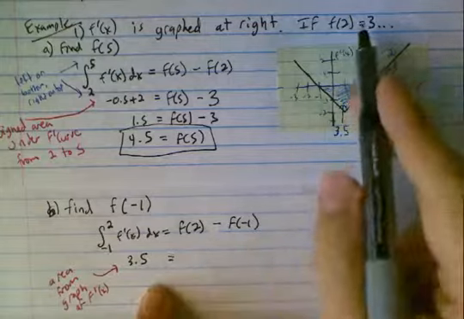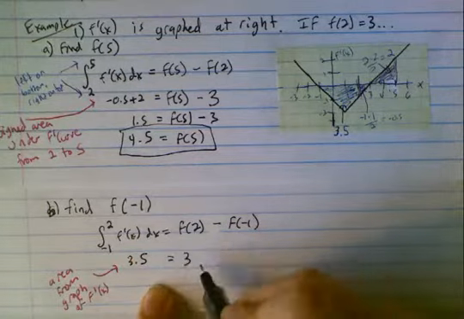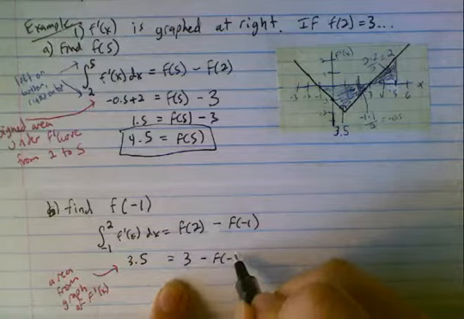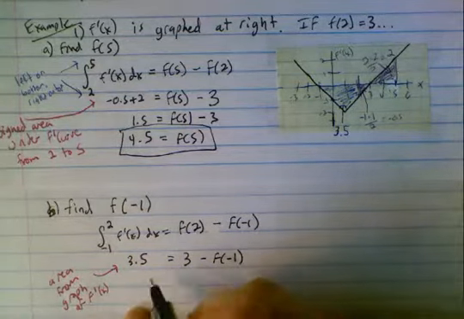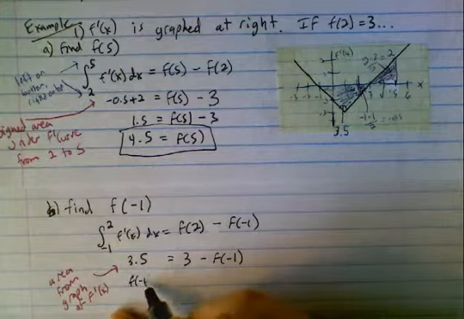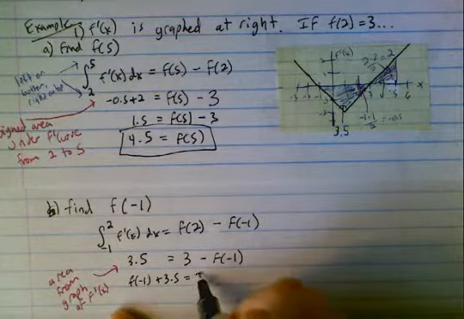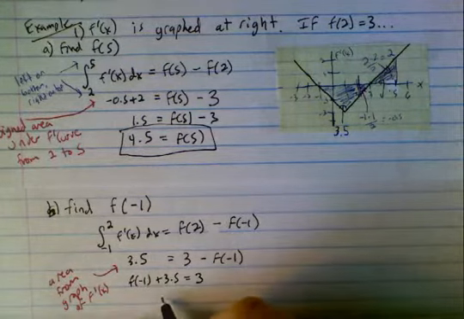F of 2, we're told is 3. F of negative 1 we want to know. So there's a minus sign there, so let's add f of negative 1 to both sides. Subtract 3.5.